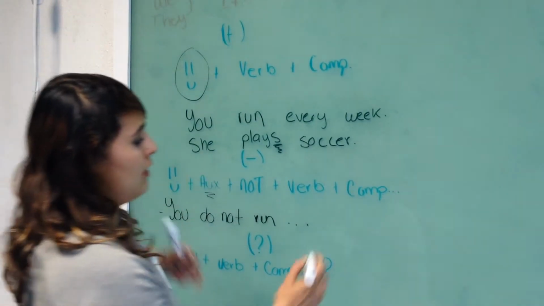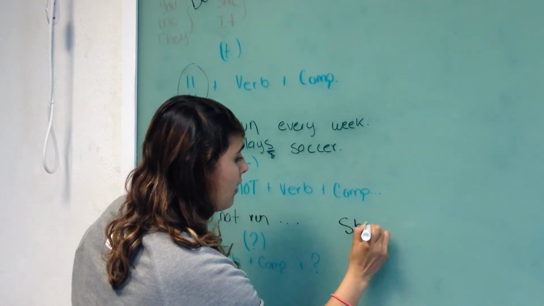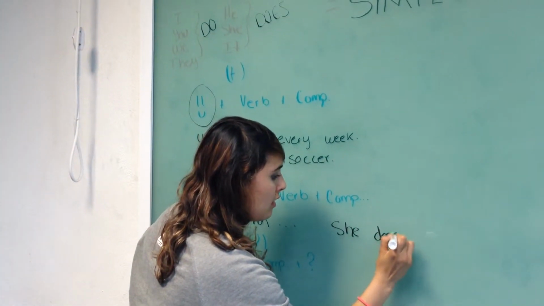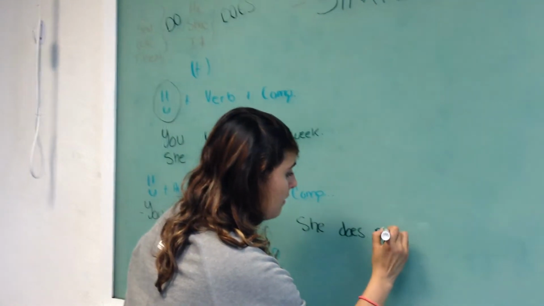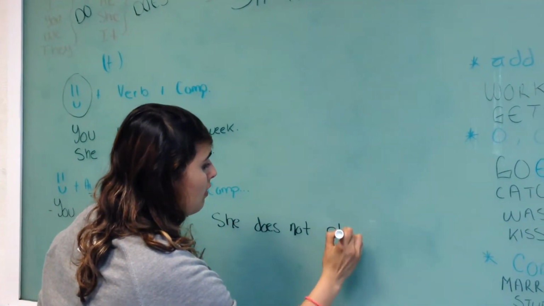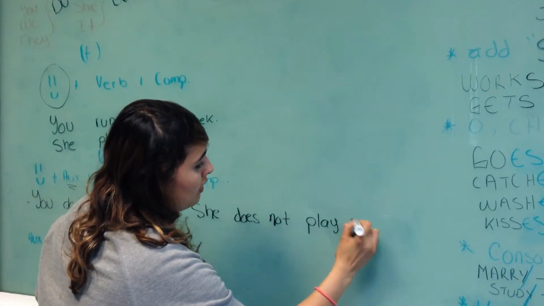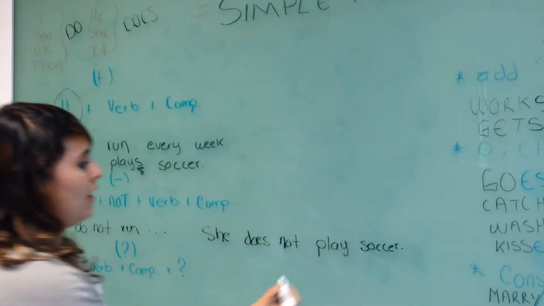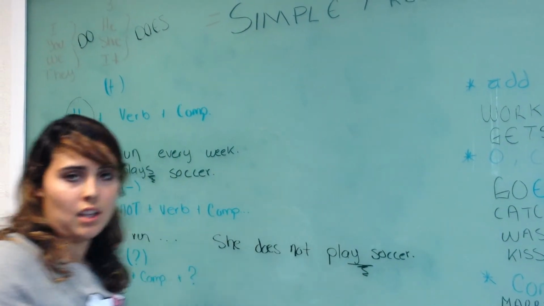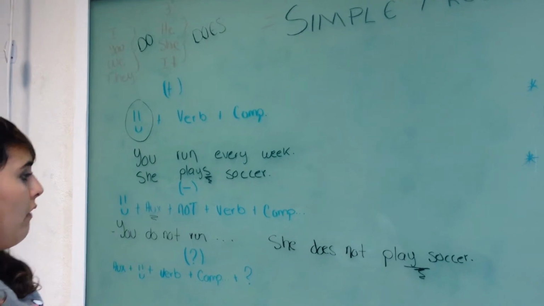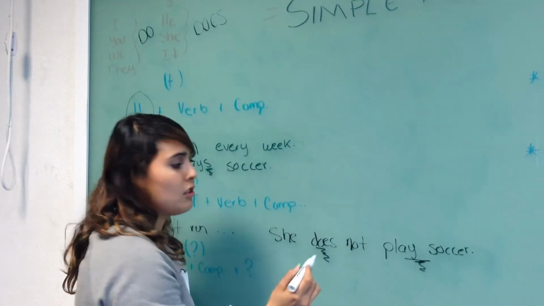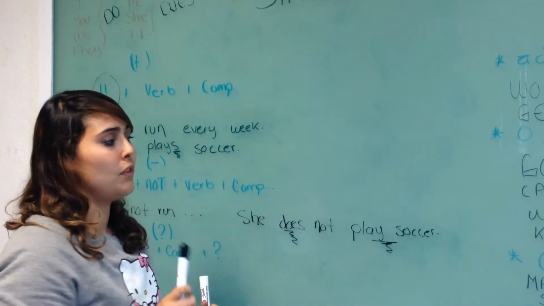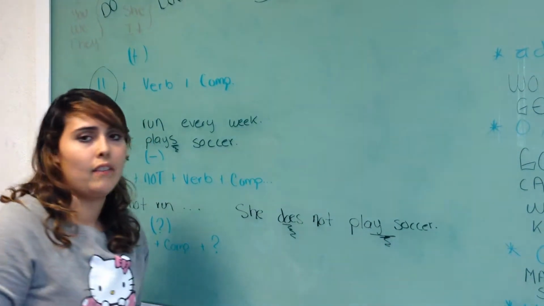Or in the case of this, she, auxiliary for the third person is does, the negative, not, play, and the complement. If you see, in this case, I didn't put the S at the end of the verb because the auxiliary here removes the conjugation of this. So if you put the auxiliary, you don't need to conjugate the verb in the sentence.